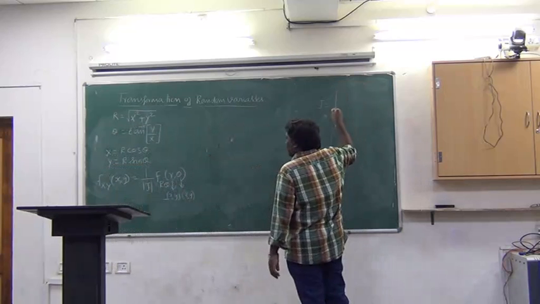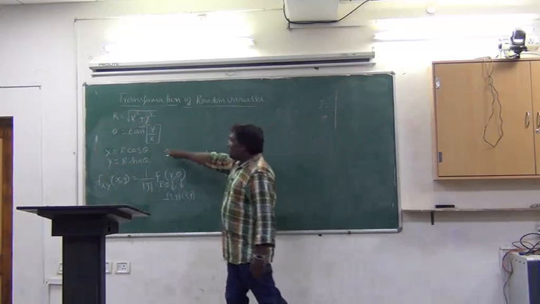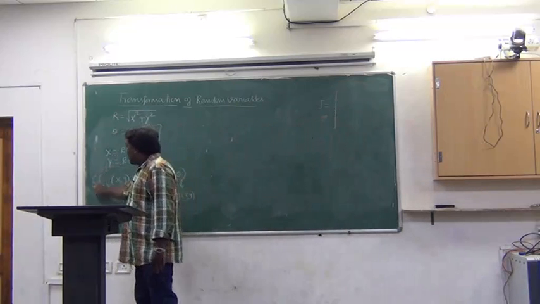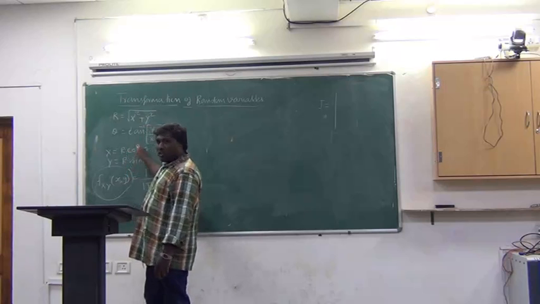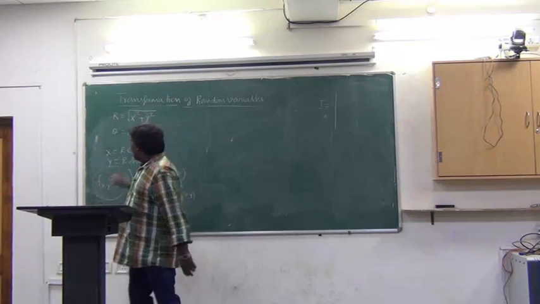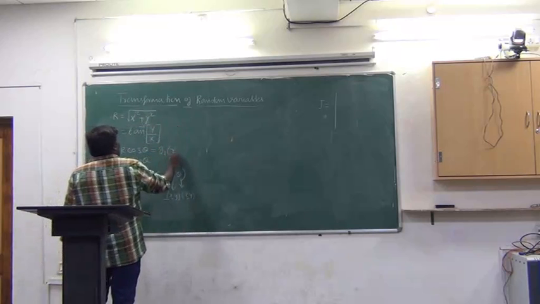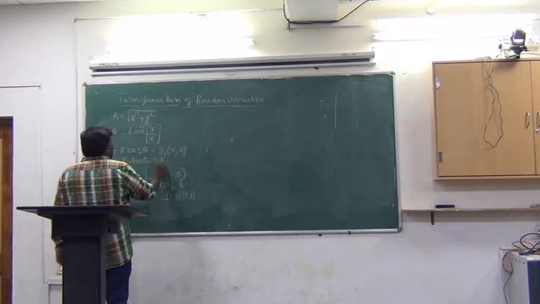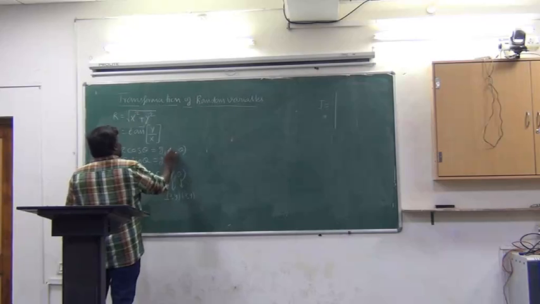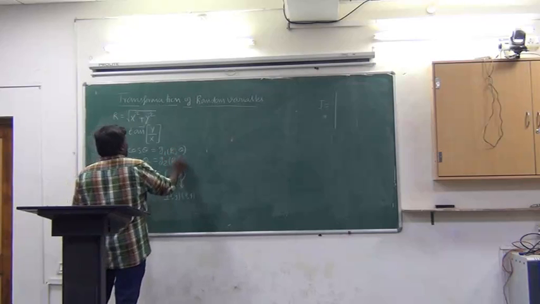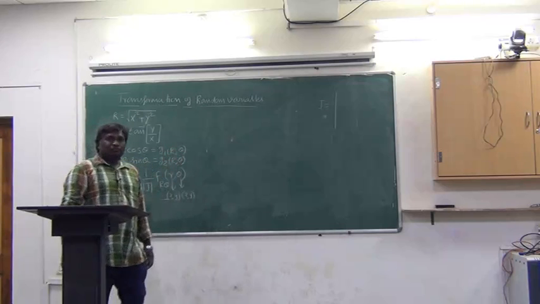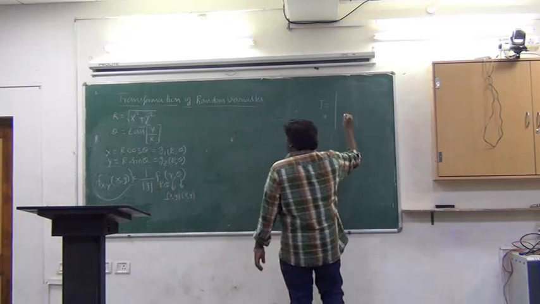Jacobian is basically the determinant that we use, because I need the density function here like this. So I use this as a function, g1 of r comma theta, and g2 of r comma theta here, right? So what do we write here?